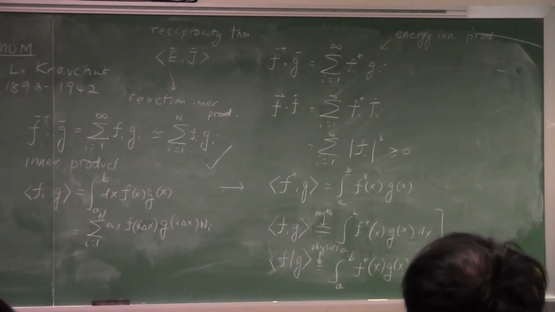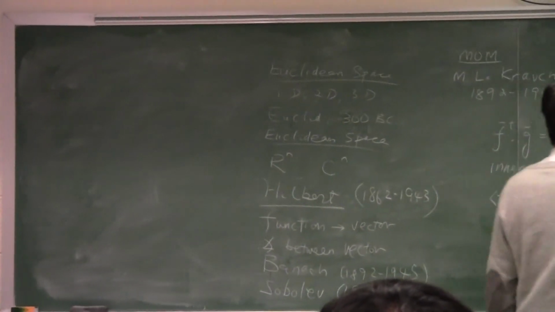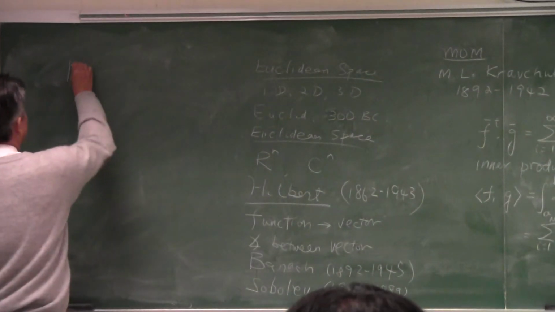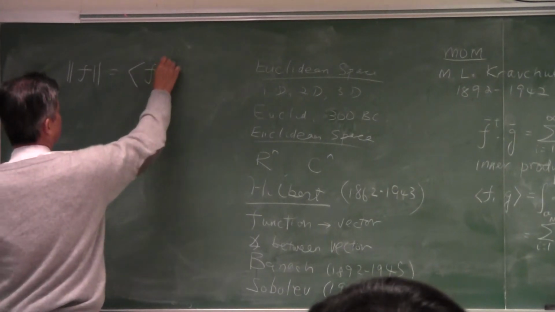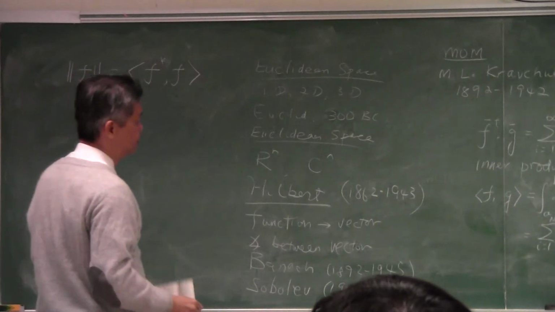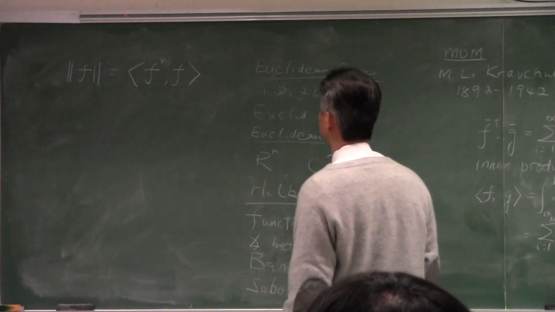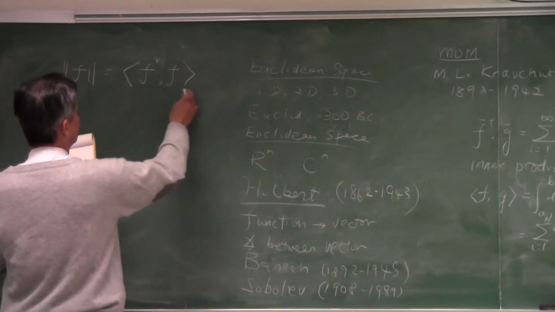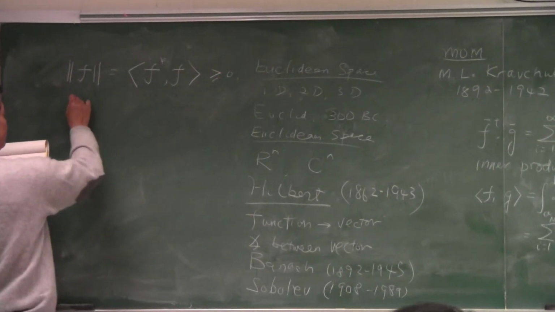Okay, let's see what we have then. Because if you use this kind of inner product definition, then you can define what is called a norm. When you take the inner product between two complex functions, if you use complex conjugation in the definition, then this always gives rise to a positive definite number. It's always greater than 0.